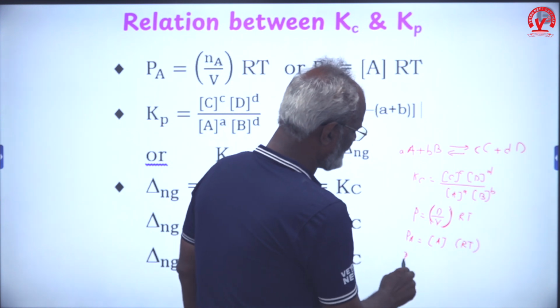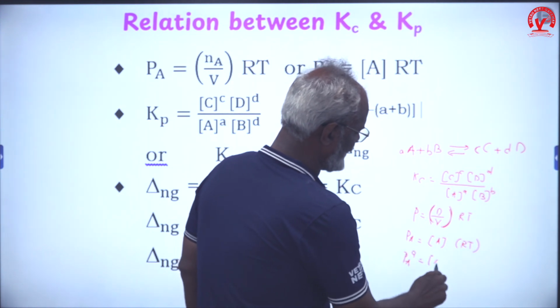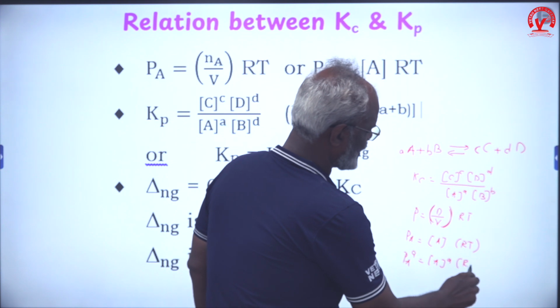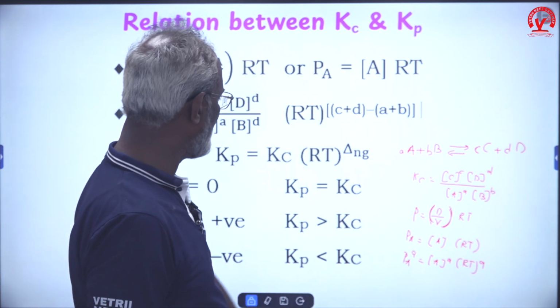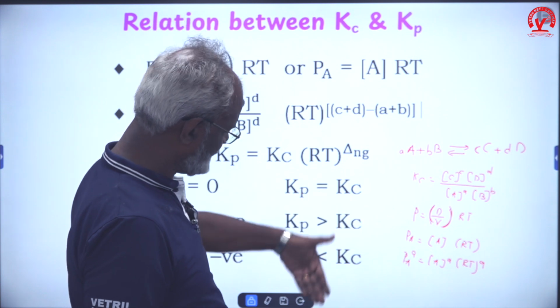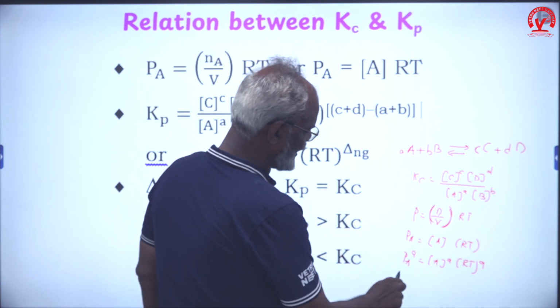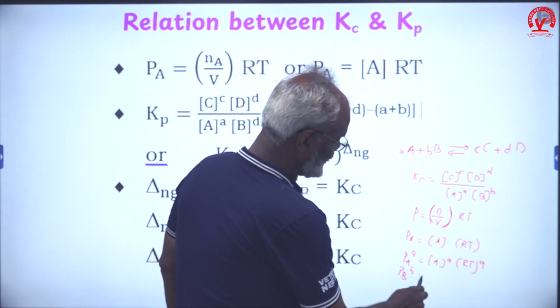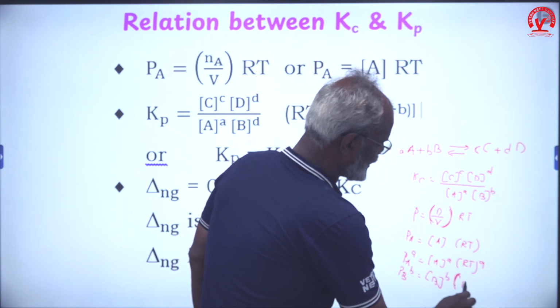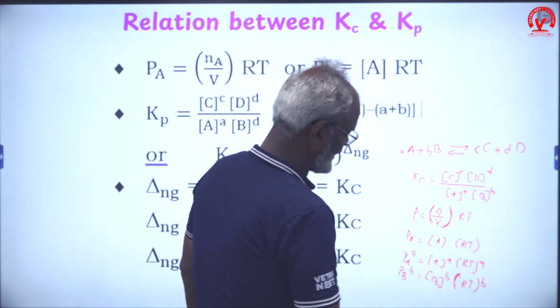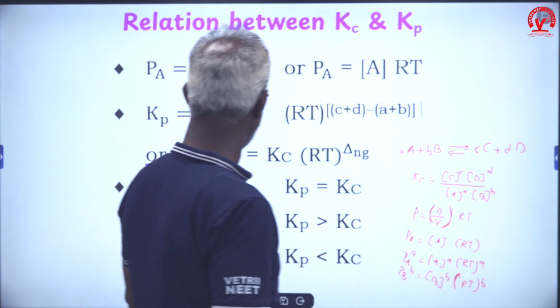Then PA power a is [A] power a, into RT power a. Like that I can write for PB, PC, PD also: PB power b is equal to [B] power b, into RT power b. Similarly for PC and PD also I can write.